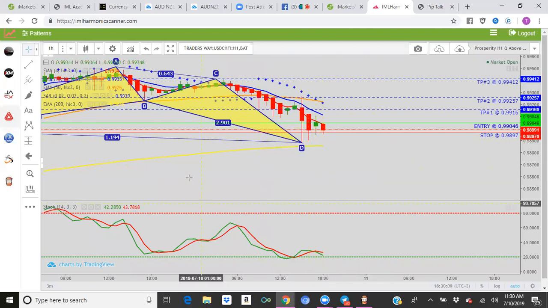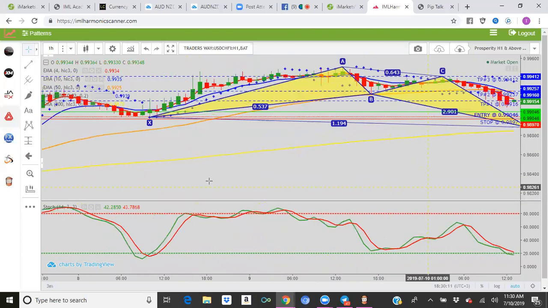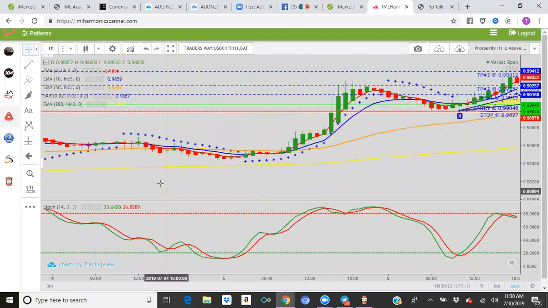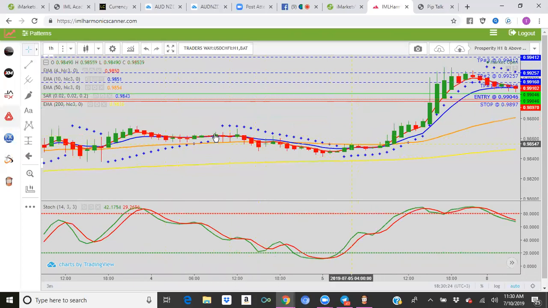We have that. A more defined example of a transition zone, areas like this right here, where the candles are little, you got a wick at the top and a wick at the bottom. Here's the more defined definition of a transition zone. This is all consolidation. We don't trade consolidation.